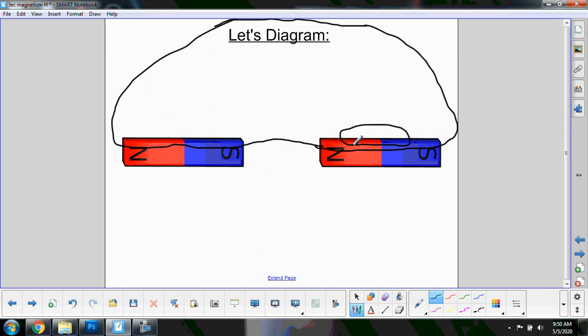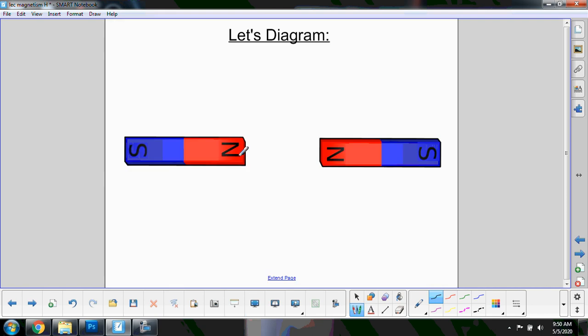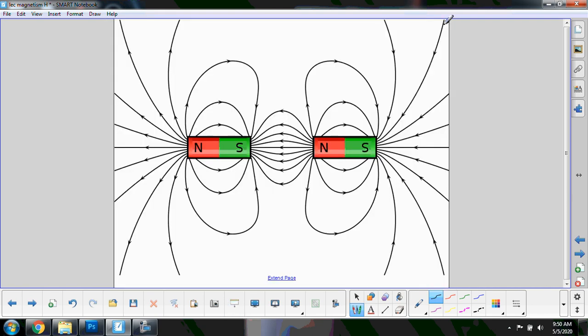That doesn't change. So notice the field coming out of the North Pole here, field going to the South Pole here, they kind of merge together. When these fields merge together, that draws the magnets together. That's why the North Pole of one magnet is attracted to the South Pole of another magnet, because the field draws them together.